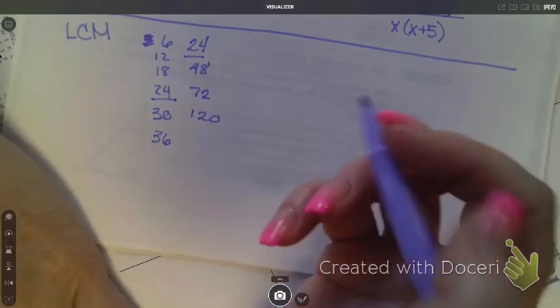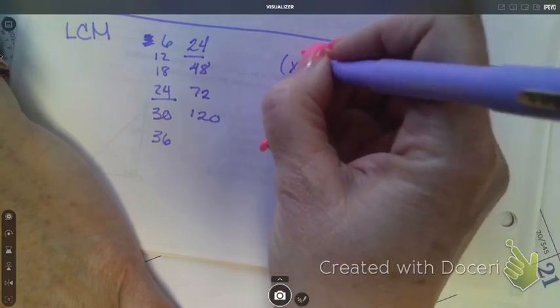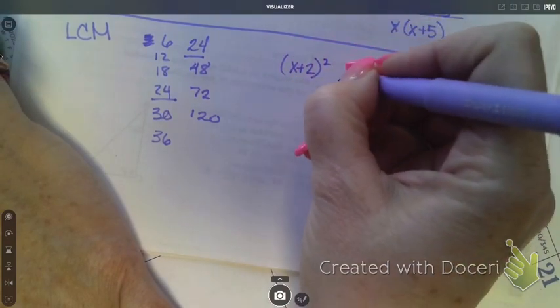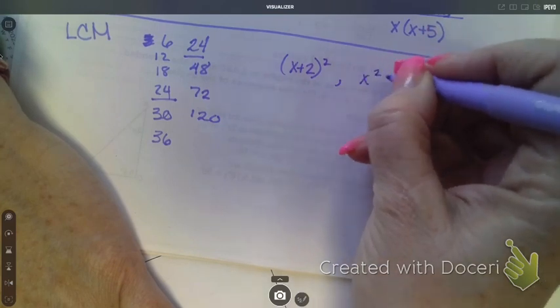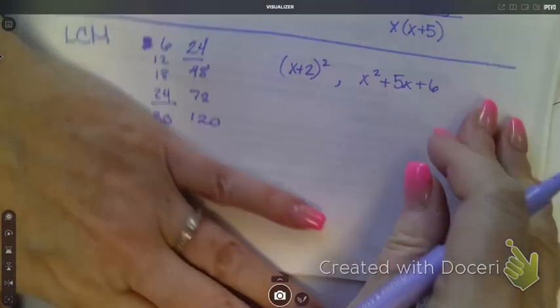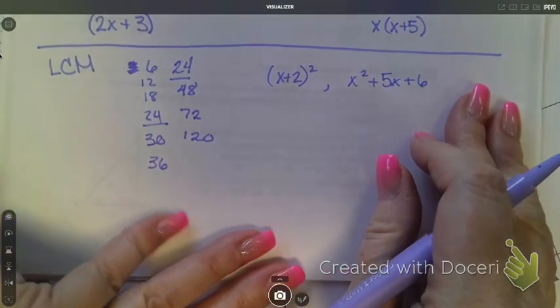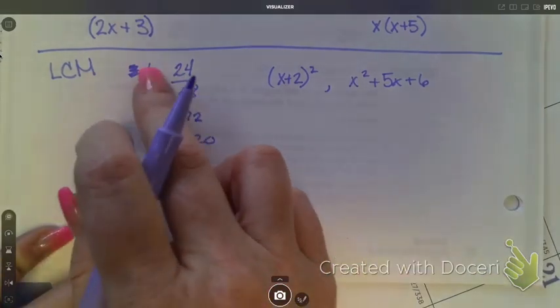So it wants to know the least common multiple of x plus 2 squared and x squared plus 5x plus 6. I'm confused. So remember we did factors, right?